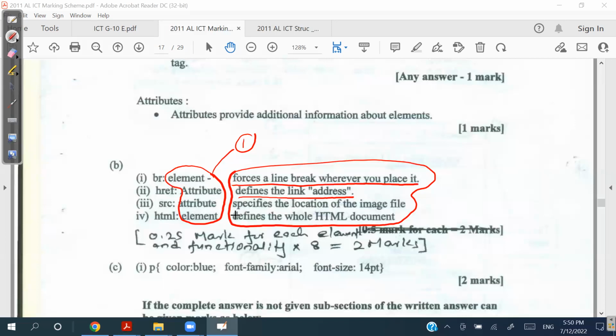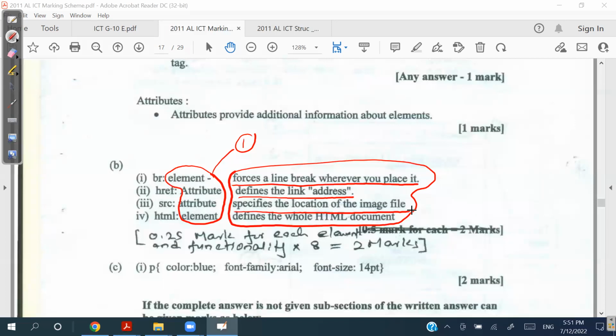Then src specifies the location of the image file. Yeah, because it is the src attribute which defines either the name of the image or the name with the place of the image, right? So it specifies the location of an image file, so that will be enough explanation. And html is an element.